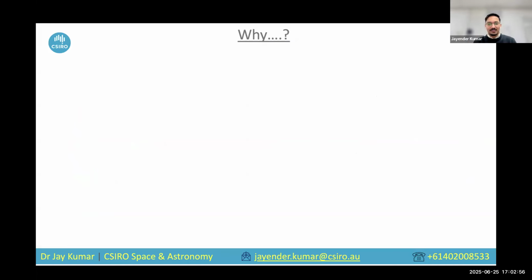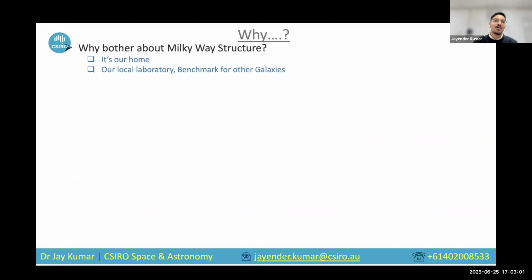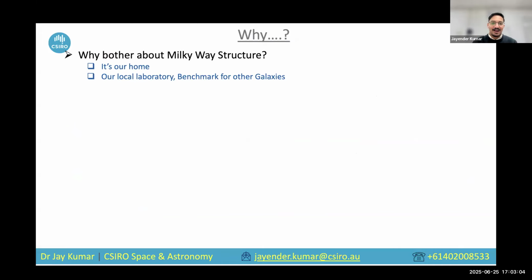Okay, now the main crux, some whys that I'm going to talk about. Why bother about Milky Way structure? I have had this conversation with a couple of people. First of all, it's our home. Don't we want to know more about how our Milky Way looks and what its scale is? It's good to study our galaxy. The other thing that people who care about Milky Way structure talk about is that it's a local laboratory.